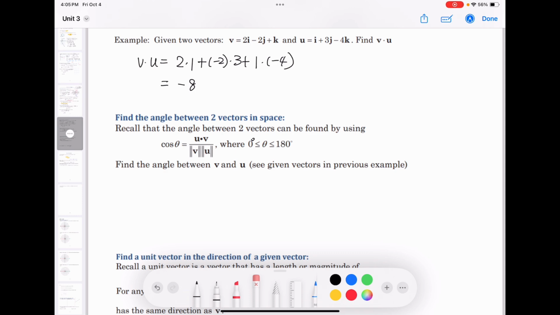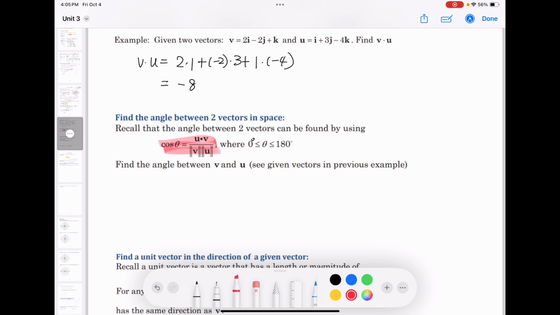Find the angle between two vectors in space. In two dimensions, we have learned how to find the angle between two vectors. We have a formula: cosine theta is equal to u dot v divided by the magnitude of v times the magnitude of u, where the angle is between 0 and 180 degrees.